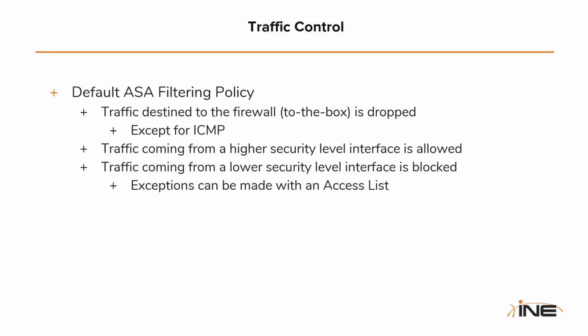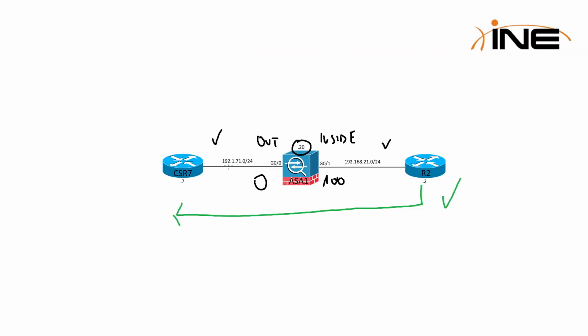But because router 7, CSR 7, is connected to the untrusted zone, so 0 is obviously a lower number than 100, when 7 tries to telnet to 2, we will see this is blocked by the ASA.